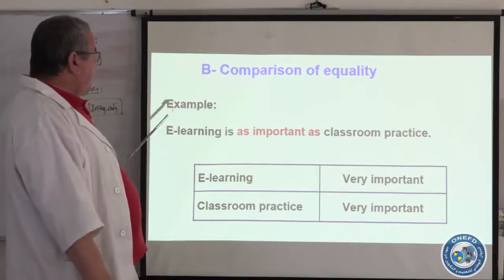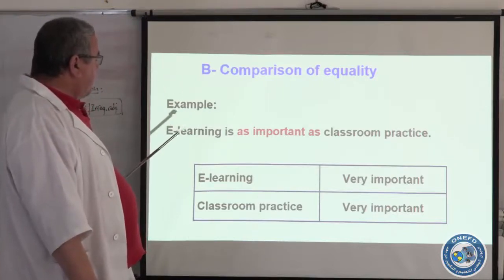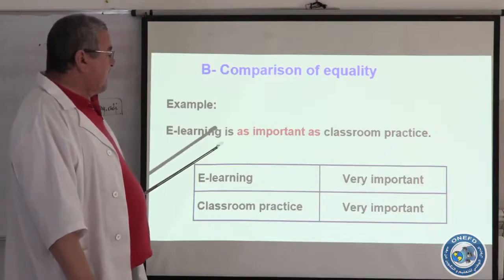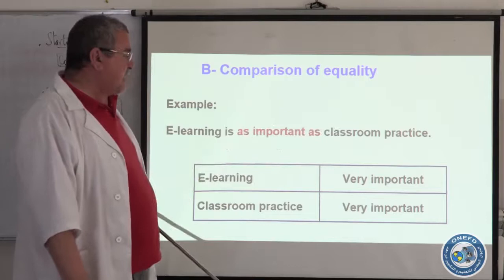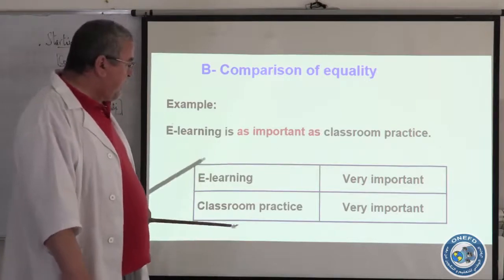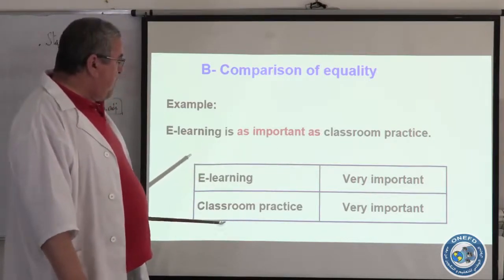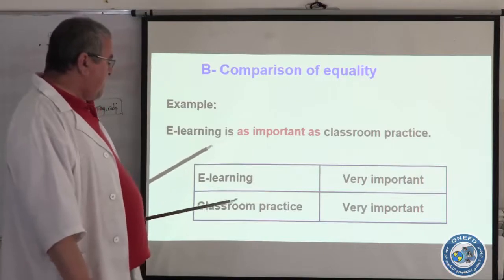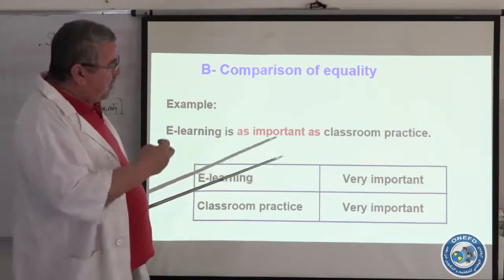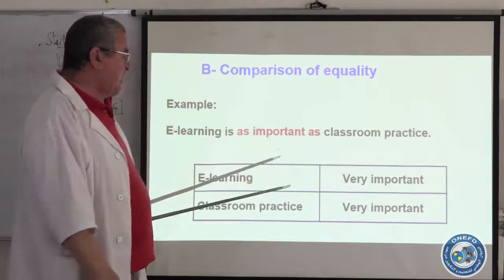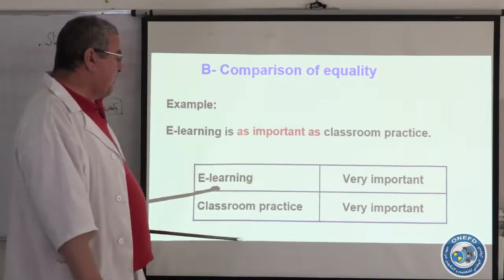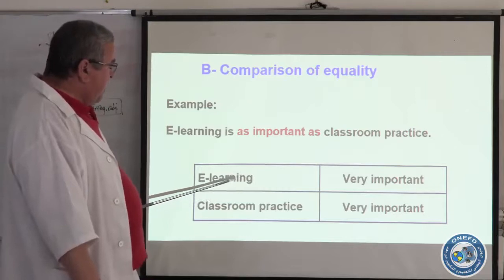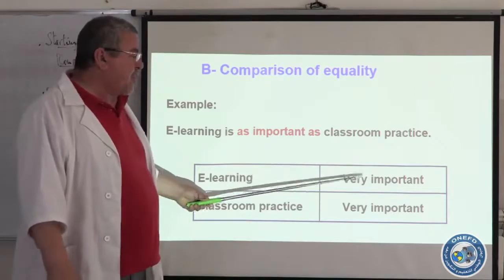Comparison of equality. Example: e-learning is as important as classroom practice. Now, why do we say this? Of course, we rely on some checkable information. E-learning is very important.